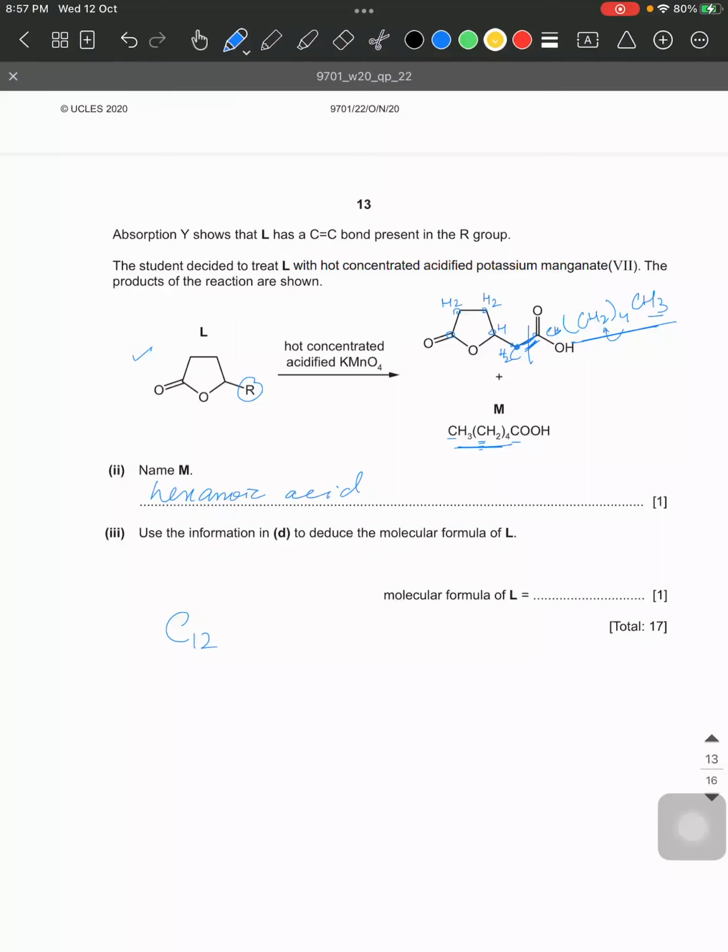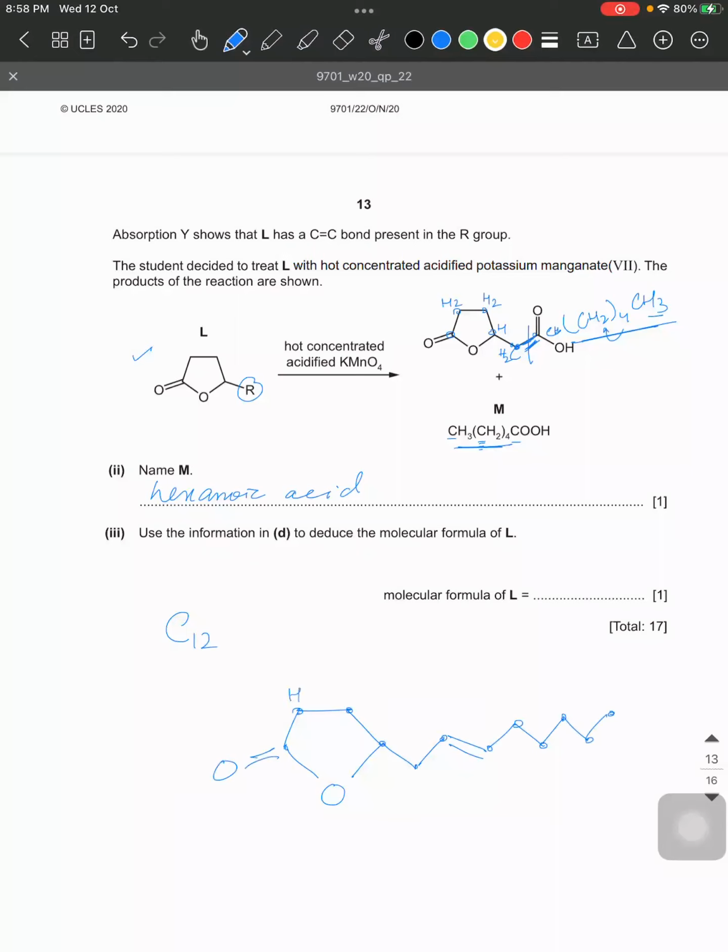We will have to draw its structure. This should be like this. This is the carbon-carbon double bond. Then this should be 1, 2, 3, 4, 5, 6. 1, 2, 3, 4, 5, 6 with the double bond. So this should be the structure over here, right?